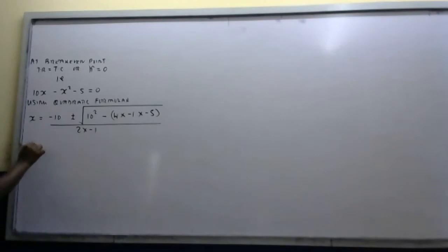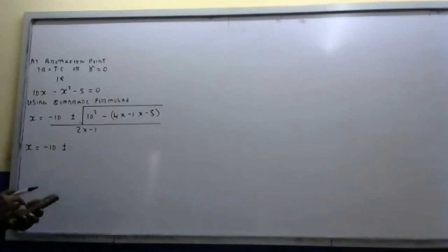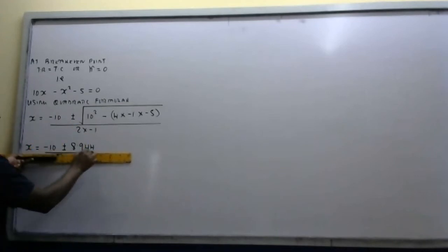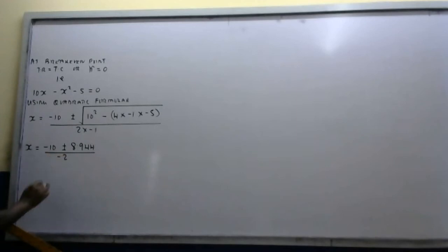So this becomes minus 10 plus or minus, you put the figures in the calc, 10 squared minus 4 times minus 1 times minus 5. You get the square root of that. I'm getting 8.944. So this one, you divide by minus 2.